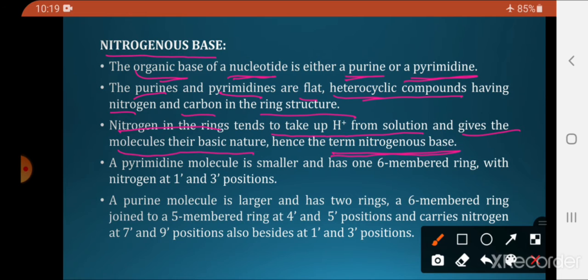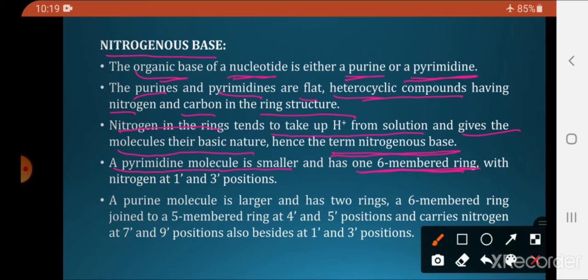Now what is the difference between a purine and a pyrimidine? A pyrimidine is a smaller molecule and it has one 6-membered ring. Very important, students. Pyrimidine is smaller and has only one ring, and that ring is a 6-membered ring.